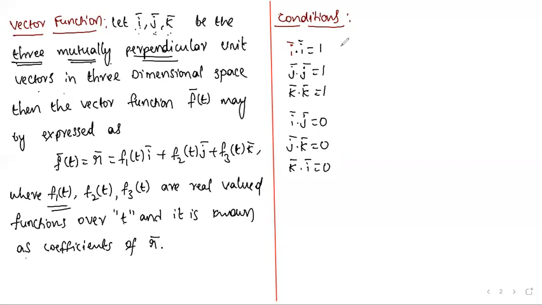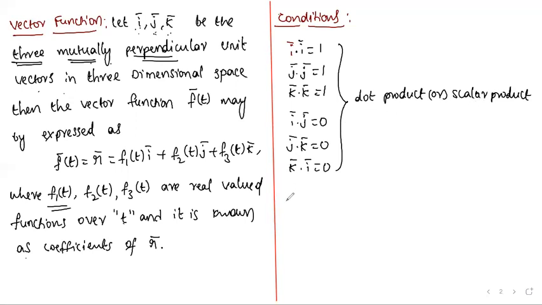This is called the dot product, or scalar product.